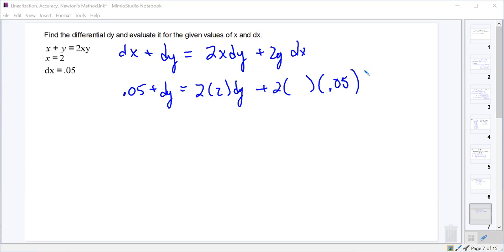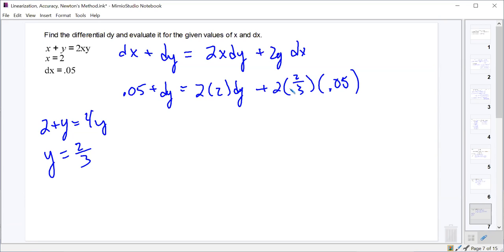We don't actually have a value for y given to us, right? And so if we want to find that value for y, what do we need to do? Plug in our x value into our original equation, so we should end up with 2 plus y equals 4y, or what does that become? y equals 2/3. So we'll put in a 2/3 value there.